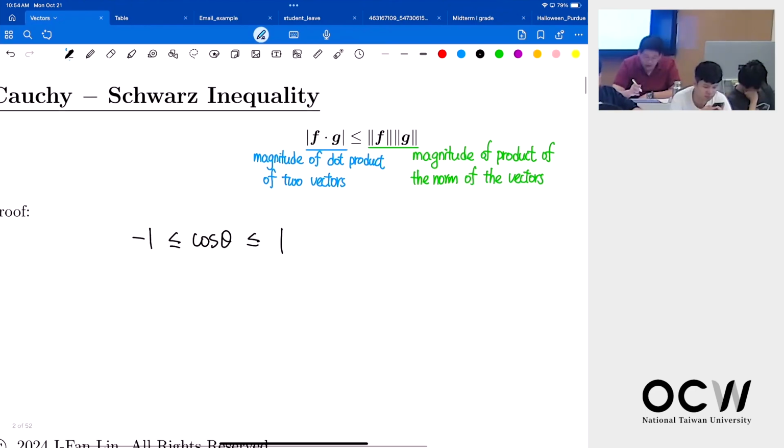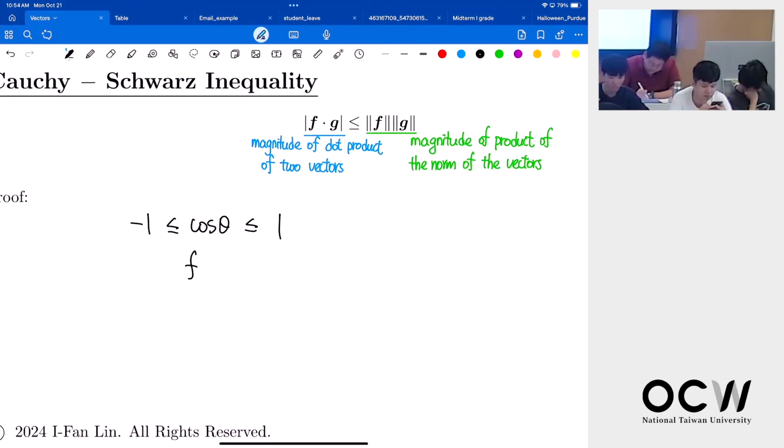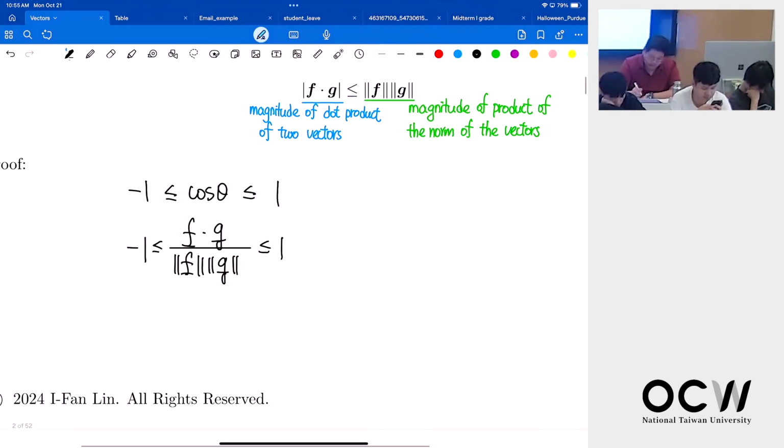And what is cosine? The 2 vectors doing the dot product divided by the product of the norms of these 2 vectors. And since it is a magnitude, it is always greater than 0.